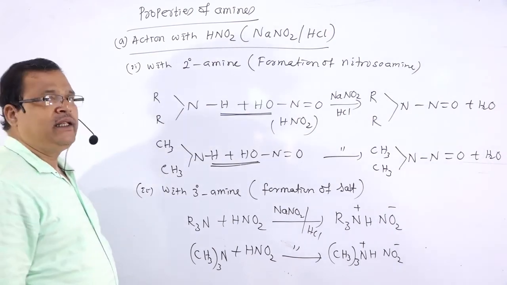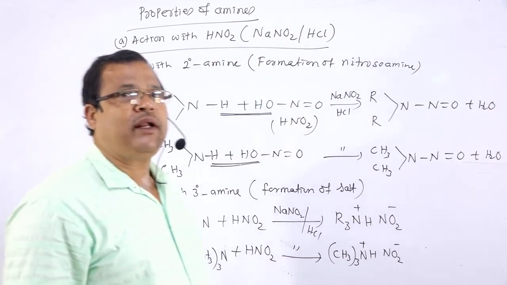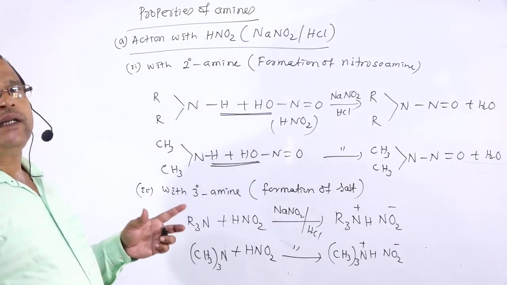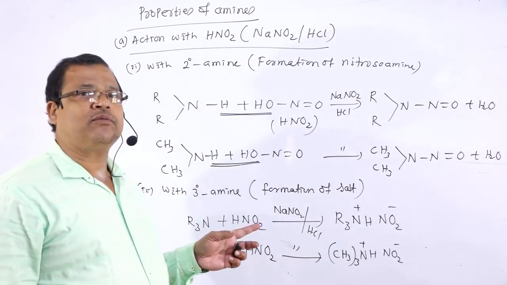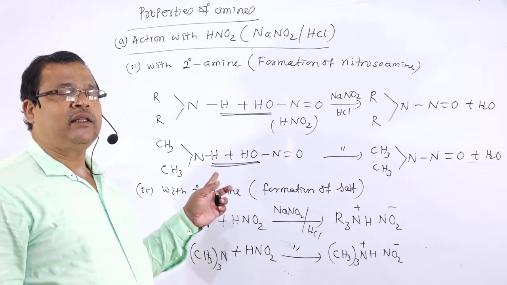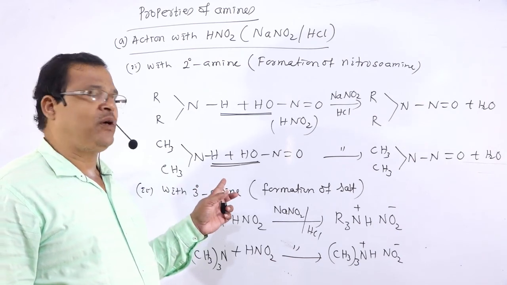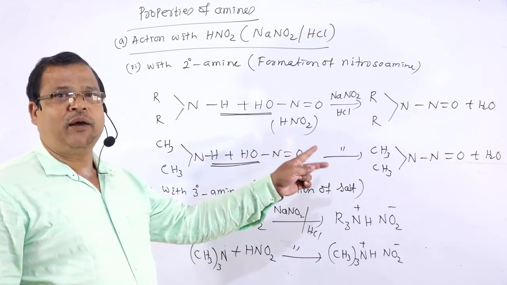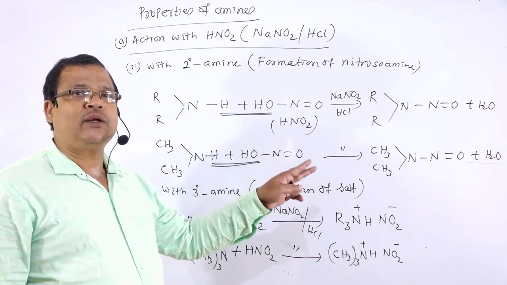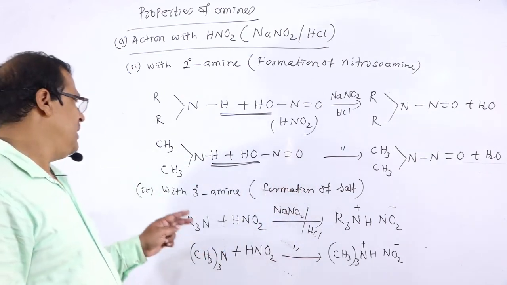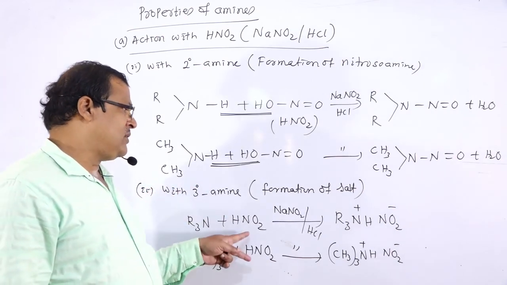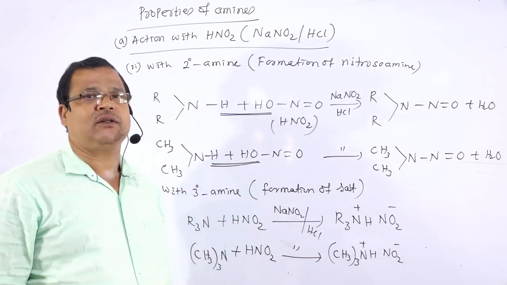So always, the reaction of the different types of amines: primary amines treated with nitrous acid form primary alcohol. Secondary amine reacts with nitrous acid to form nitrosoamine, which will respond to Liebermann's nitroso reaction. Then tertiary amines react with nitrous acid and form salt.